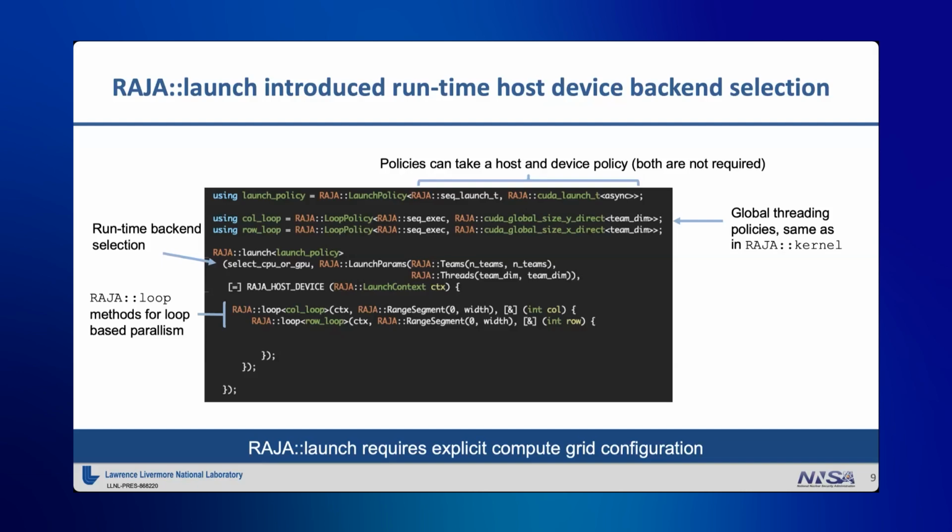So if you compile for the CPU, the device won't exist, so you have to guard that. But if you're compiling for the GPU, the host and device variables will always exist. And I hope that answers the question.